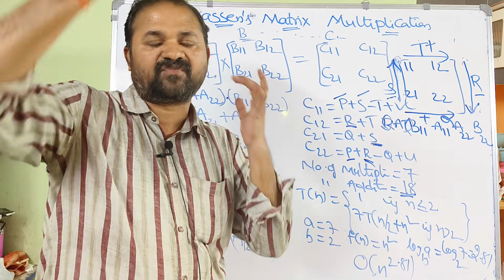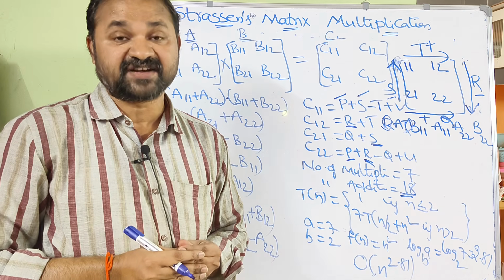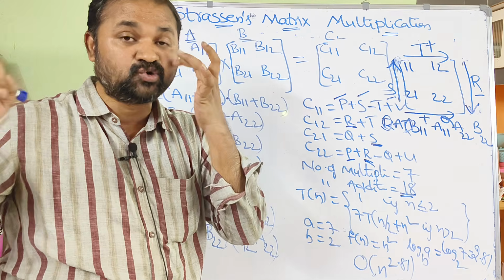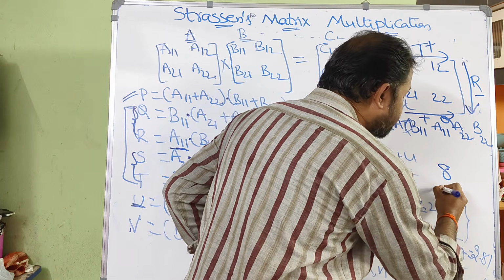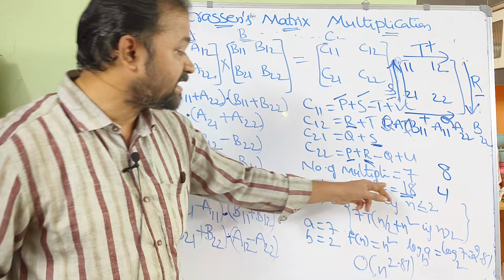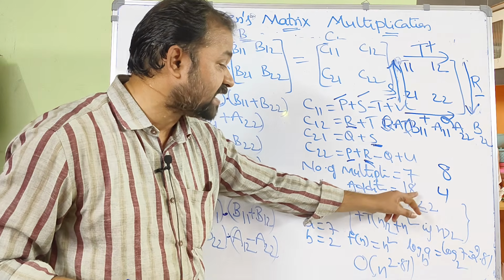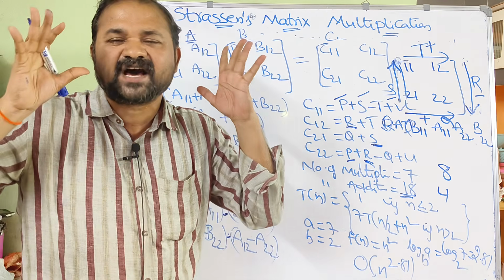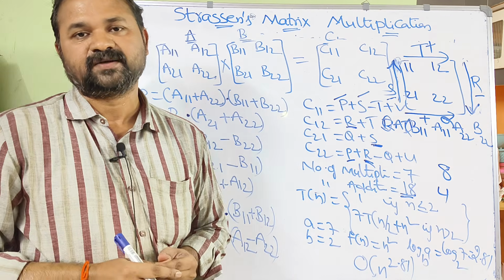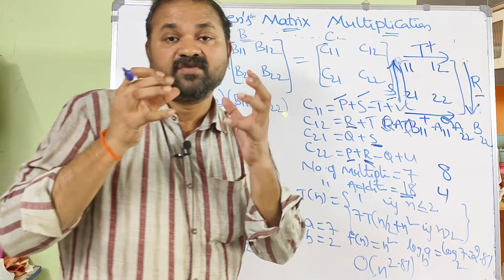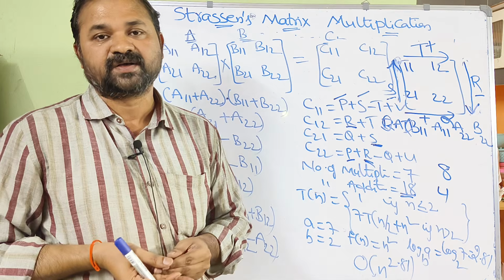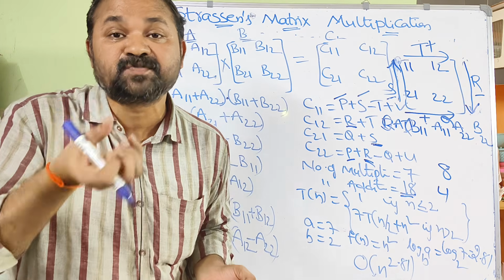If you see the first approach, C11, C12, C21, C22, there we require 8 multiplications and 4 additions. But here we require 7 multiplications and 18 additions. Additions are very less expensive, whereas multiplication operations will take more time. Multiplication operation consumes more time.